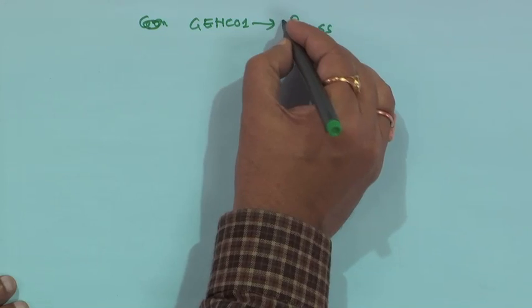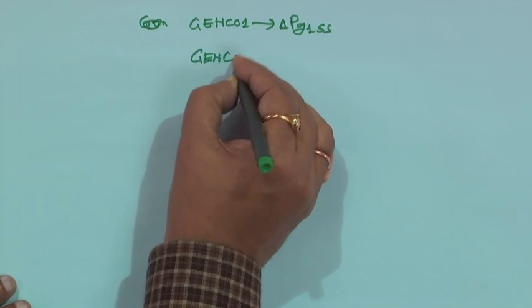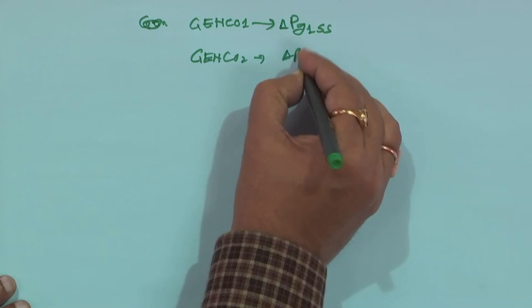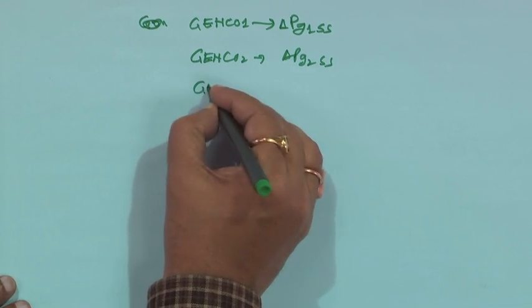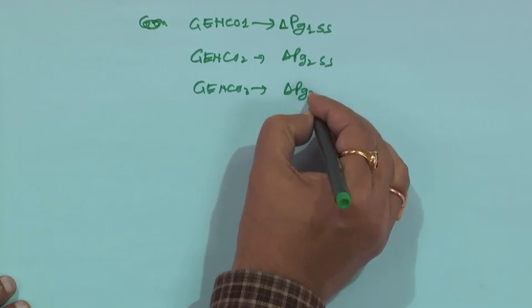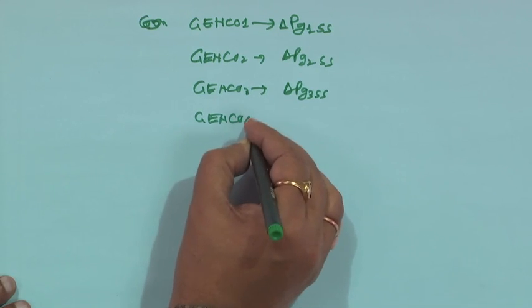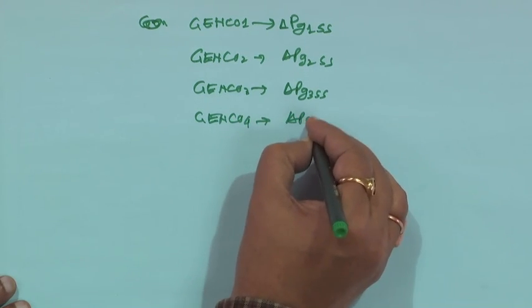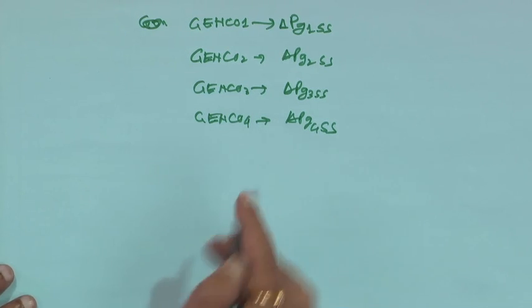GenCo 2 generates delta PG2 steady state, GenCo 3 delta PG3 SS, and GenCo 4 delta PG4 steady state. Then what will be the equation?